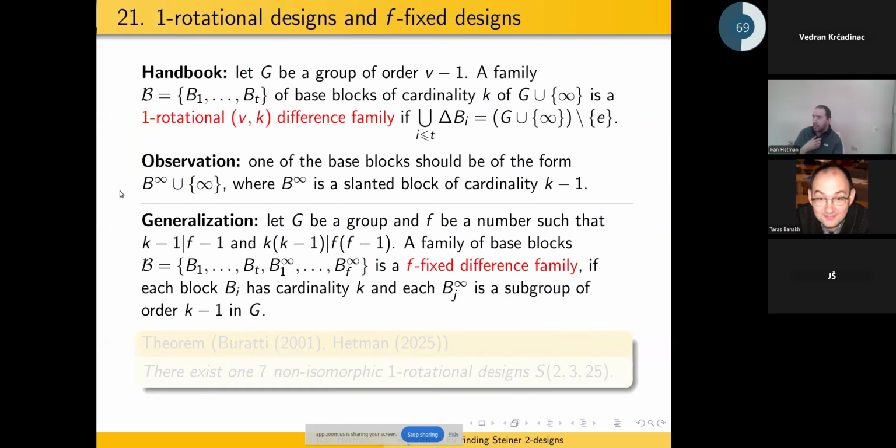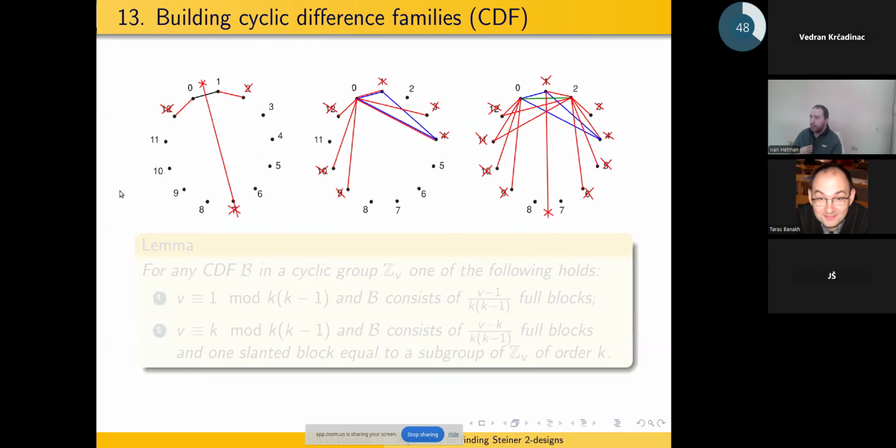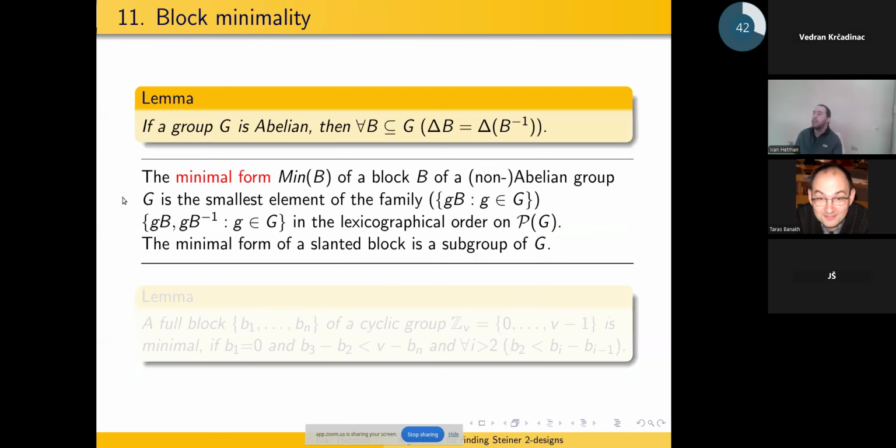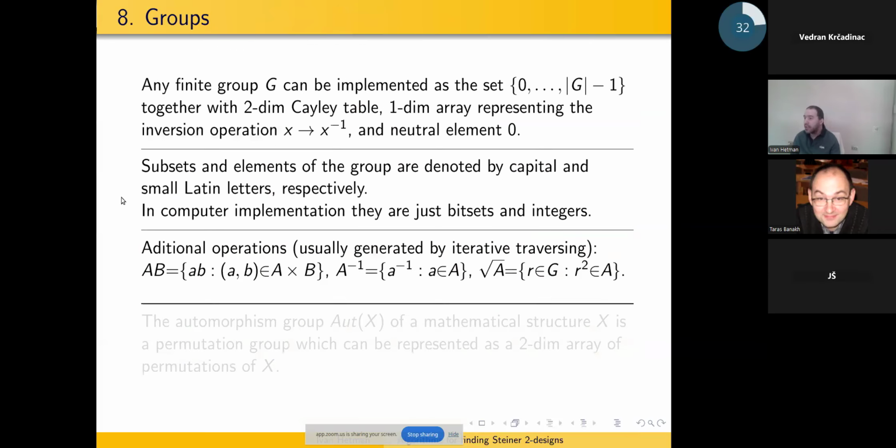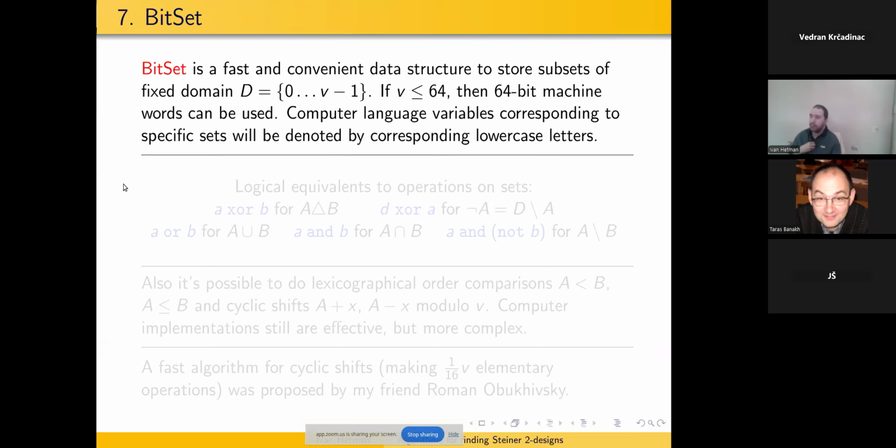Okay. In the previous part, I explained how Steiner 2 designs can be built from difference families.